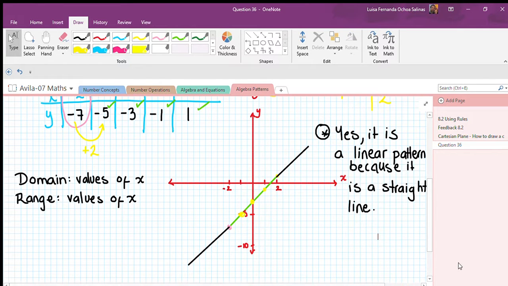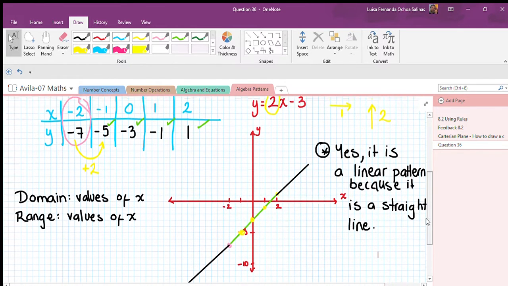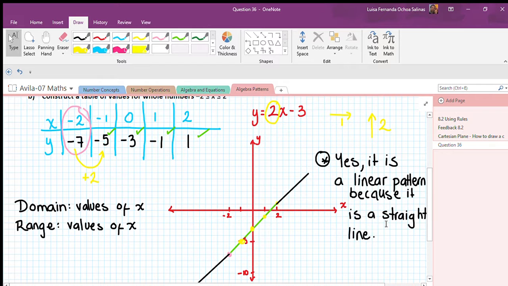This doesn't look very straight, but if I had a ruler, it would work perfectly to know exactly where the line continues. But it's saying that you have to focus only when the domain is between x between -2 and 2. So basically saying only focus on the green part of this line. Only the green part. So when x is between -2 and 2, what are the values of y? We have it here in our table.